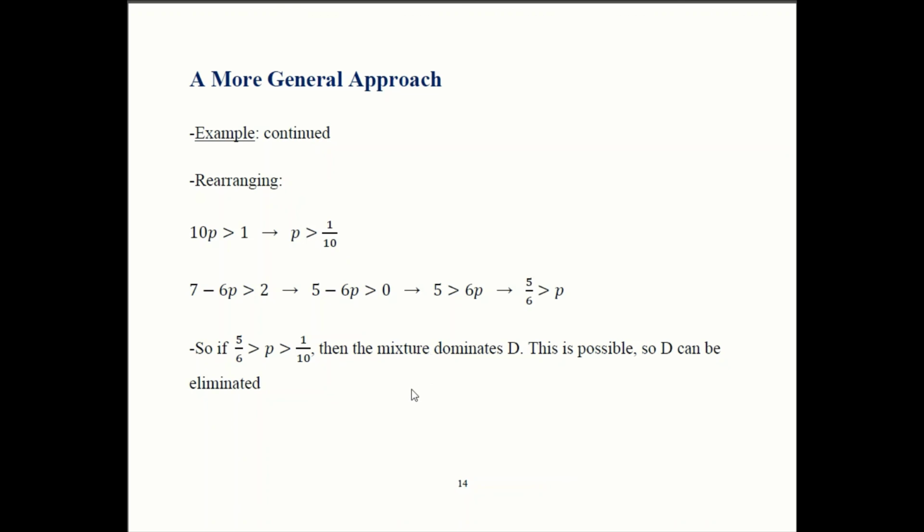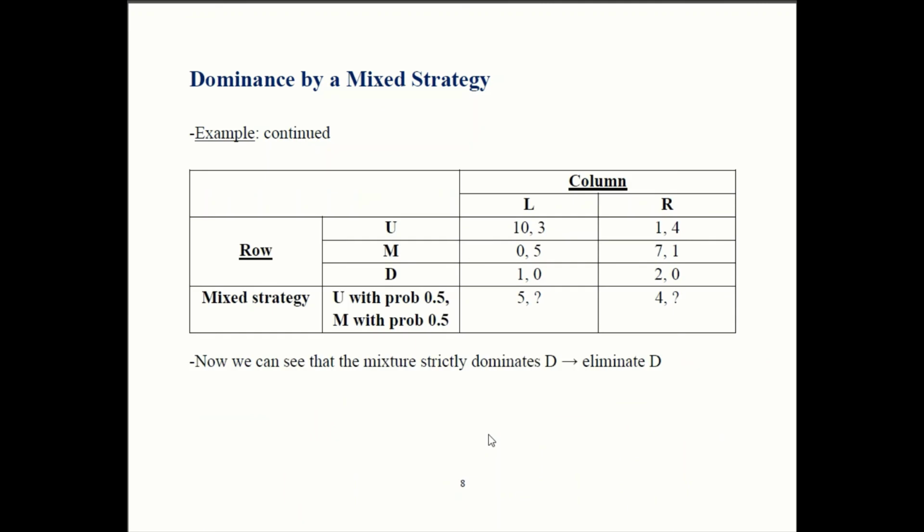You can think of many numbers that satisfy that condition, one of which is p equals 0.5. 0.5 is bigger than 1/10, and 0.5 is also less than 5/6. That's how I knew way back over here that 0.5 would dominate D.